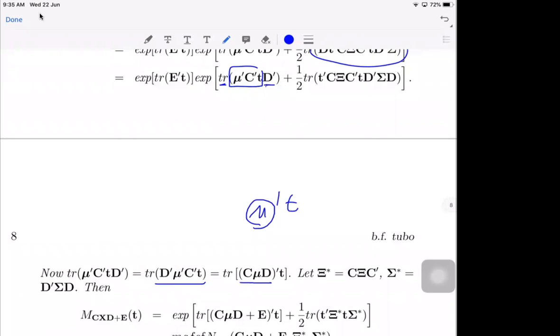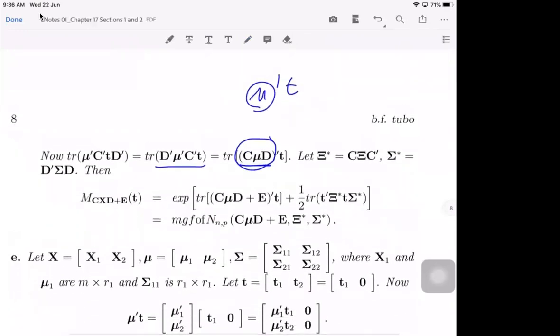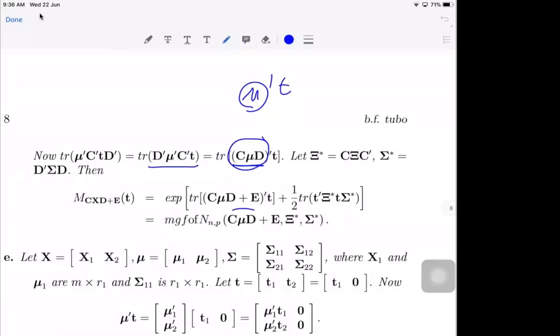But D prime mu prime C prime is C mu D prime. Okay? So that means our parameter here is C mu D. So that is our parameter C mu D, later plus E.